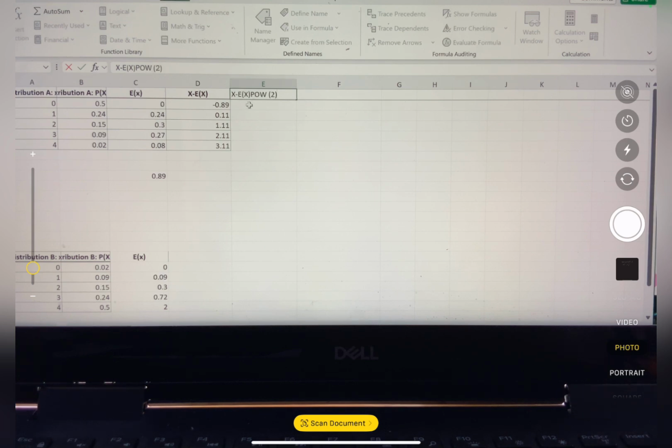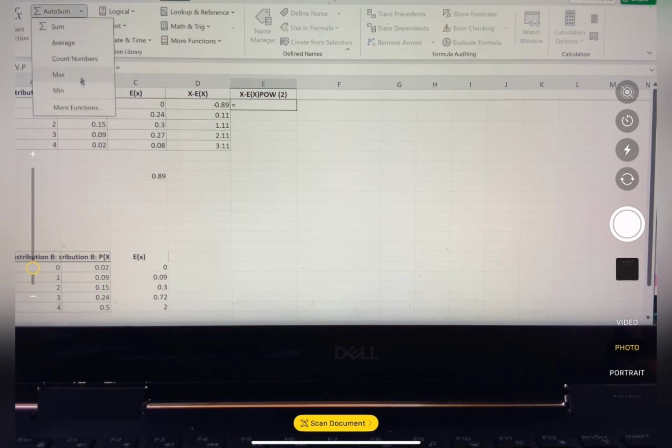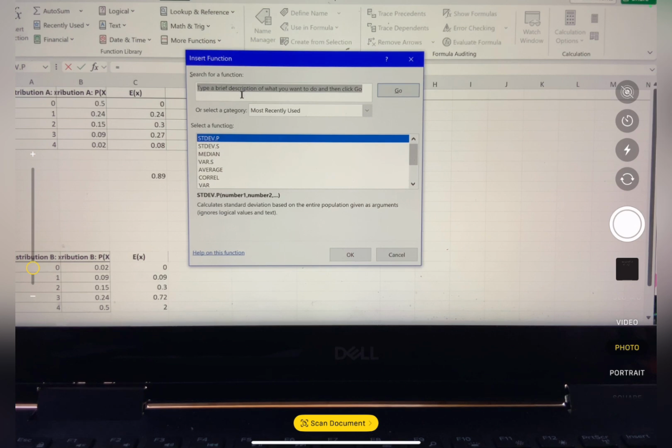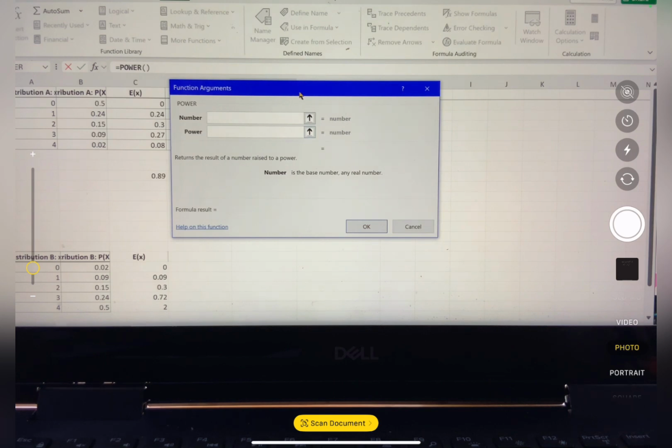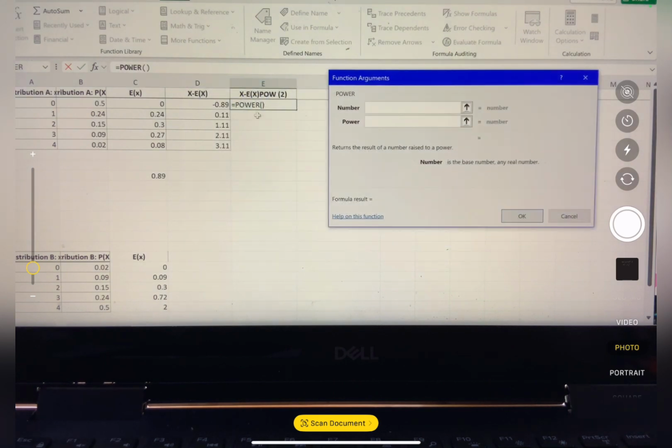So let's write it down. Going to our formula here, more functions, typing power. Here we have power, double click, and I'm going to square this one, and the power is going to be degree 2.